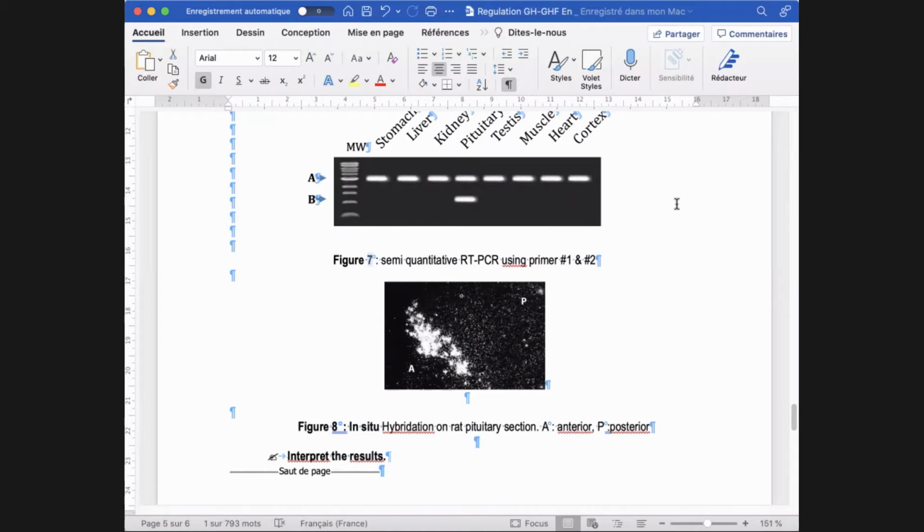So if you want to draw a conclusion from the result obtained in figure 7 plus the result obtained in figure 8, what would be your conclusion in one sentence? What would you say when you analyze these two results? Can somebody try to tell me?